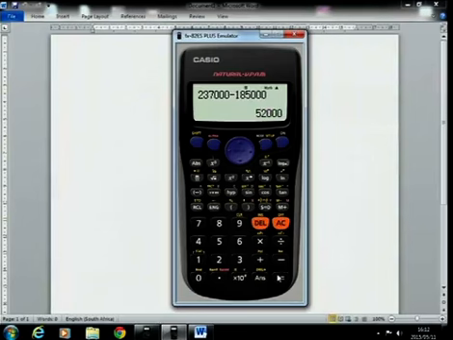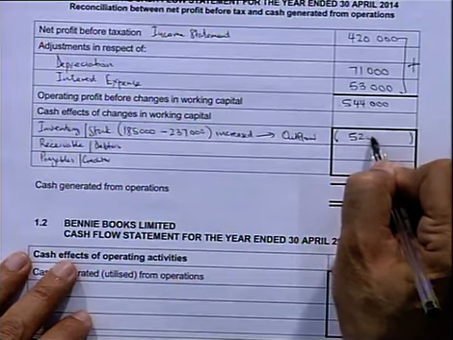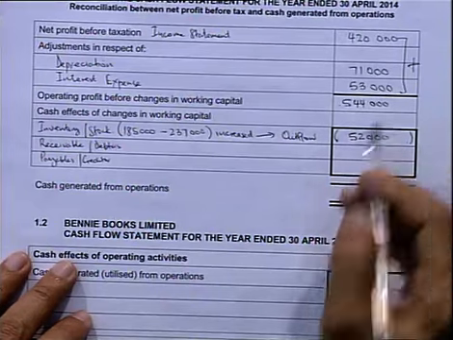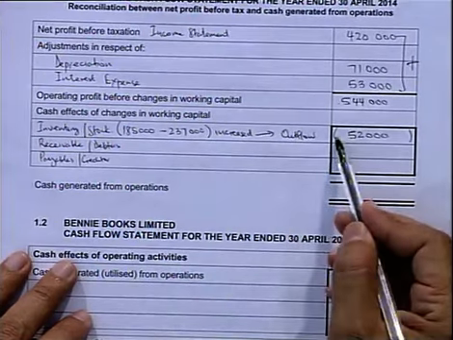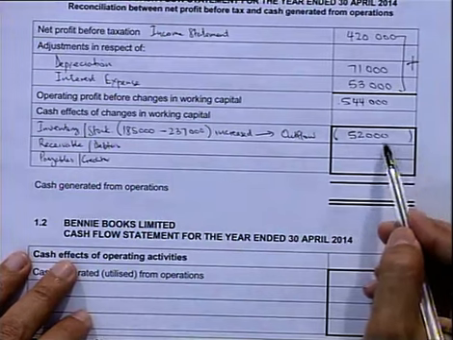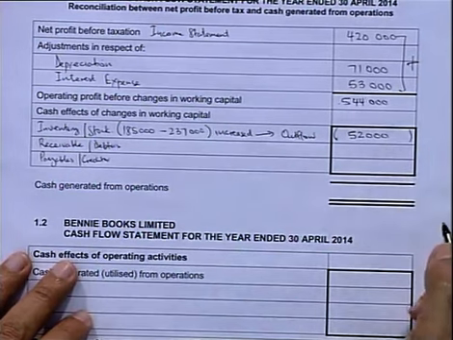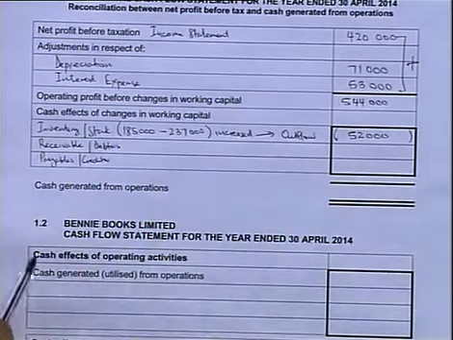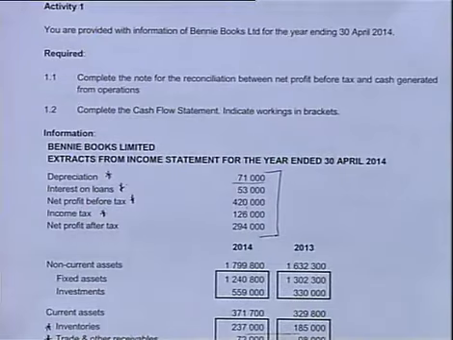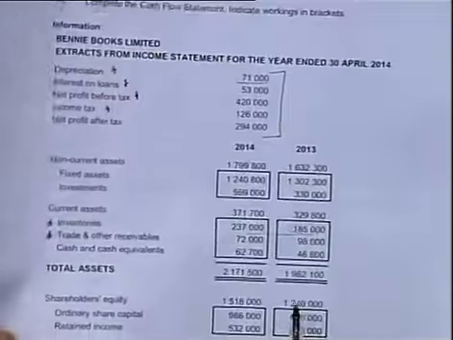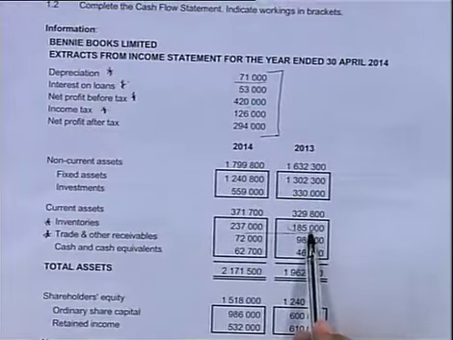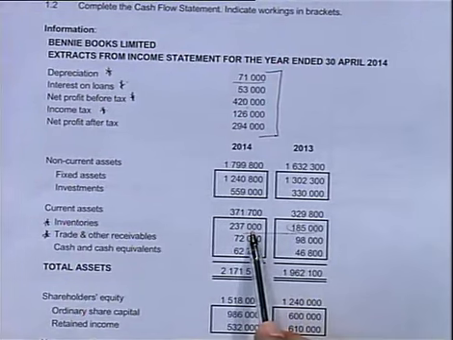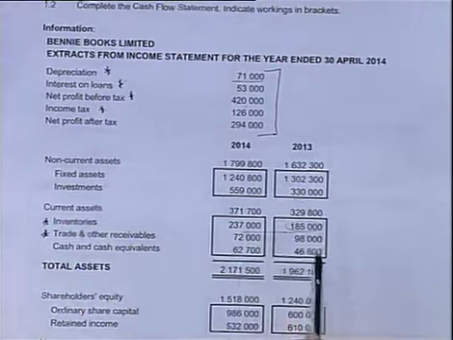That will be 52,000, which will be an outflow. That's why we have the amount in brackets. Okay. So just again quickly, for inventory, it's just the difference between the 2013 figure and the 2014 figure.